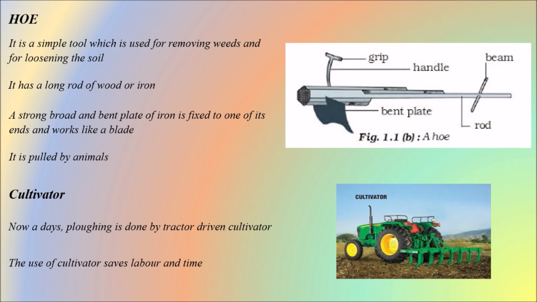It is pulled by animals. Coming to cultivator. What is a cultivator? Ploughing done by tractor driven structures is called a cultivator. With the help of cultivator, we can save labor as well as time.